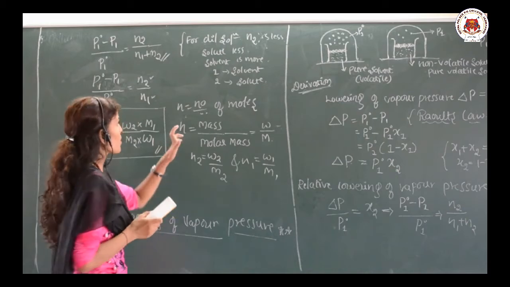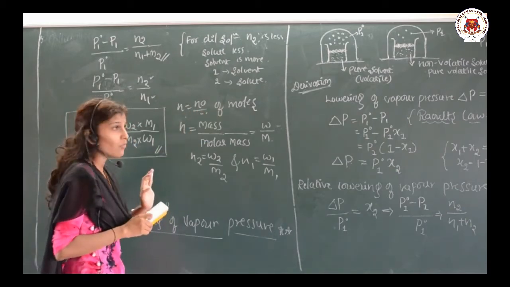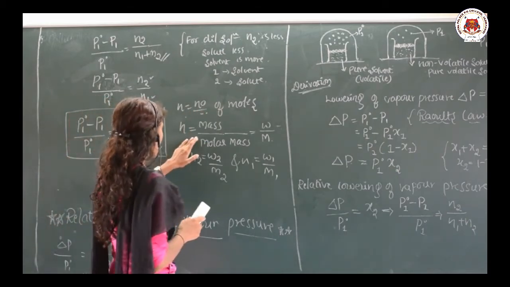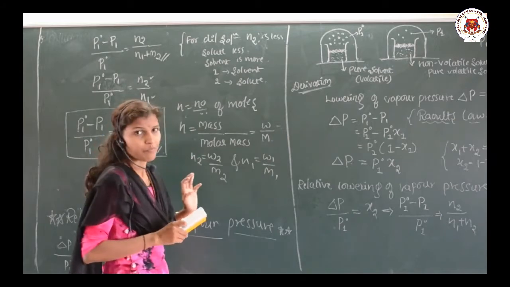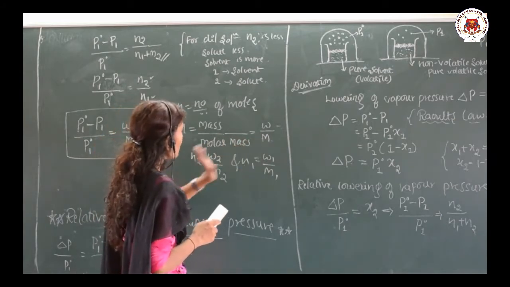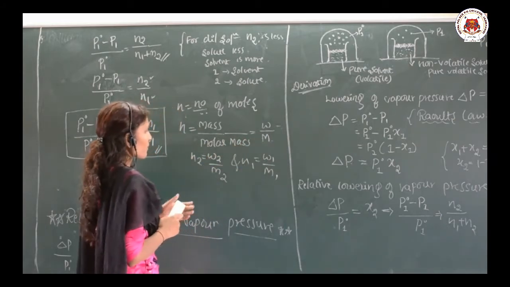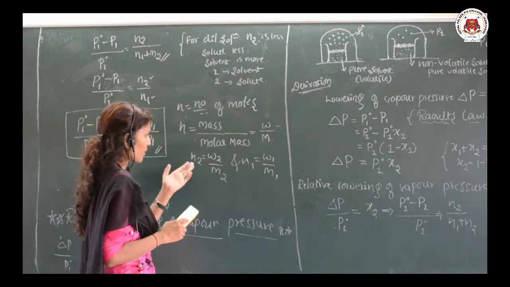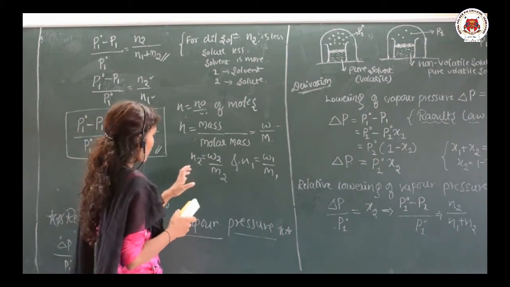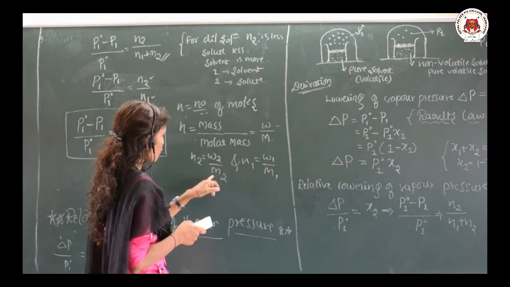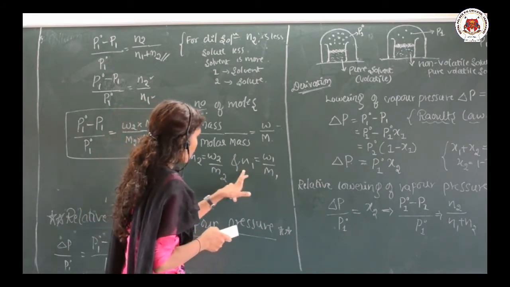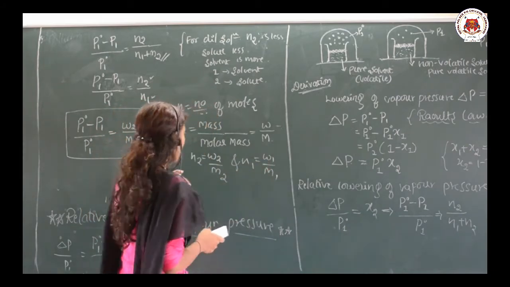Now N indicates the number of moles. We know the formula that number of moles is equal to mass divided by molar mass, W by M. For components 1 and 2, that is solvent and solute, N2 is W2 by M2 and N1 is W1 by M1.